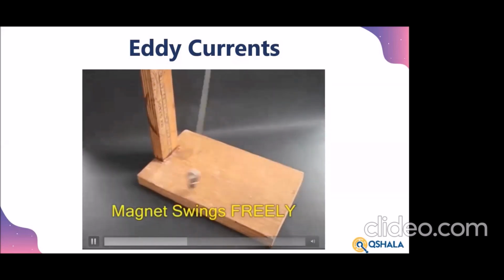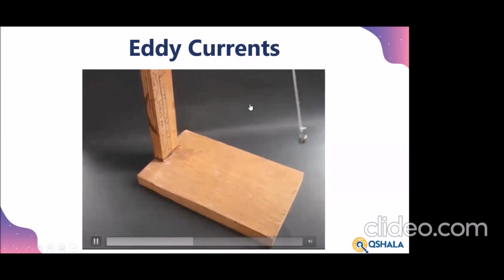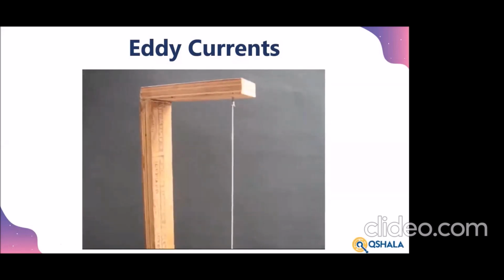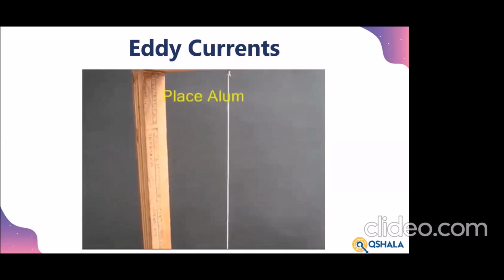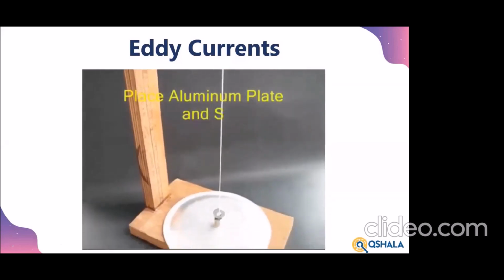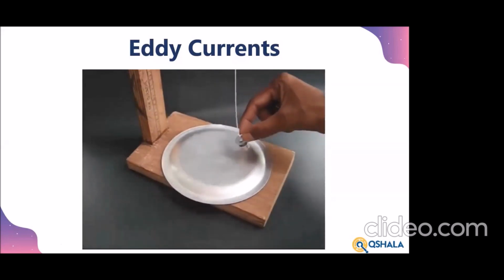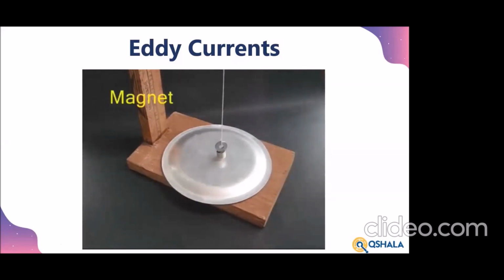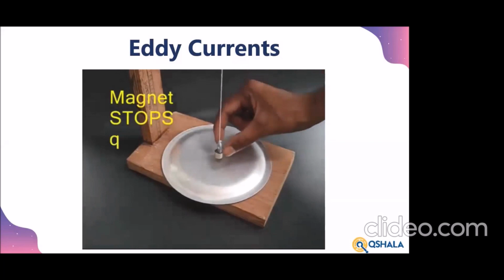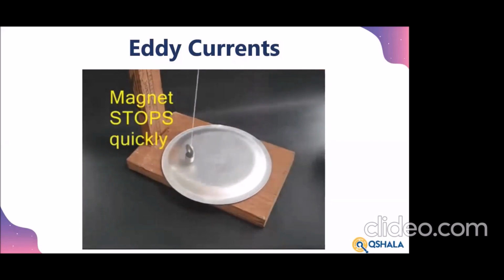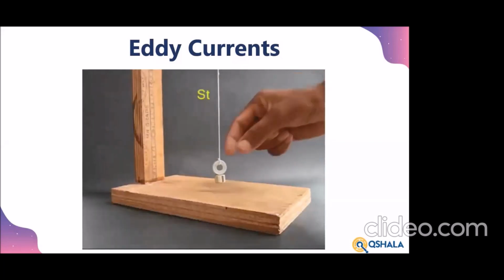The magnet will oscillate to and fro very freely. Then take an aluminum plate and place it below the magnet. Once again, swing the magnet, and because of the eddy currents, the magnet will come to a very quick halt. It stops very quickly.